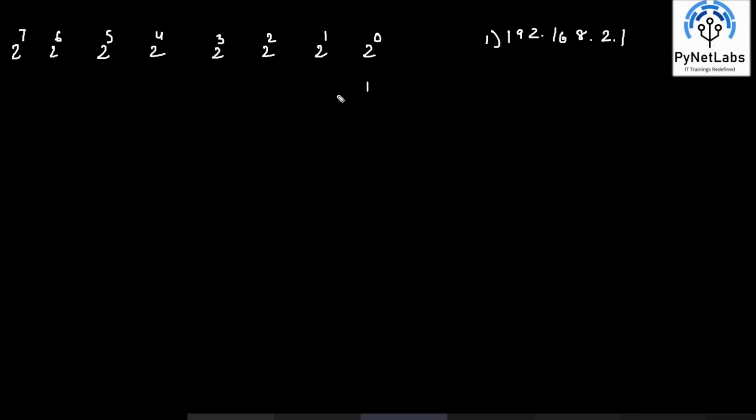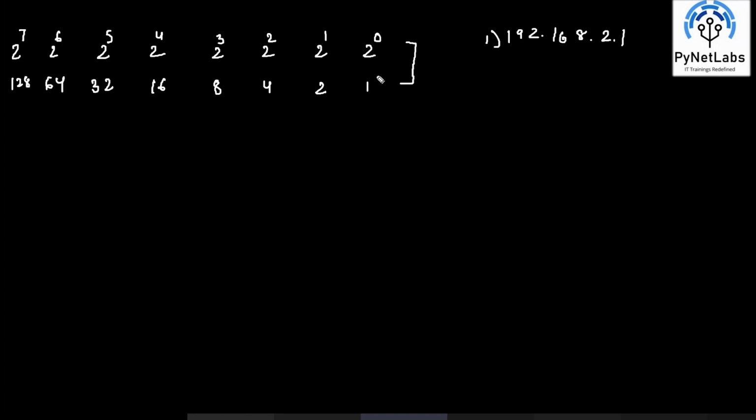So 2 to the power 0 is 1, then 2, 4, and so on. You have to keep this in your mind while converting the IP addresses. This will make it very easy.